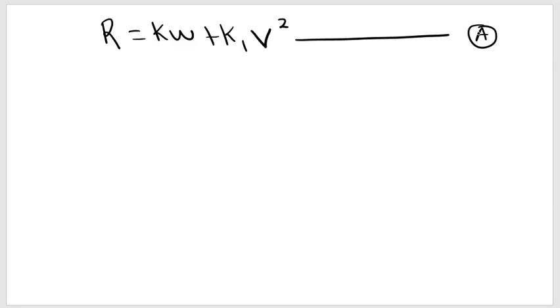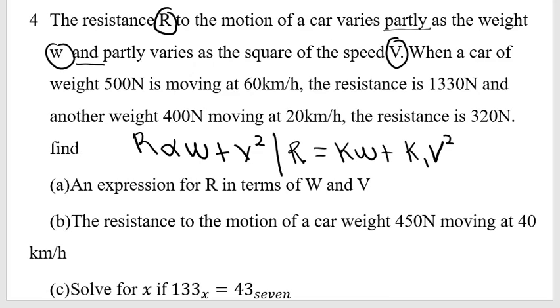Now how do we get the value for these constants of proportionality, that is the K and then the K1? If we go back to the question, it says that when a car of weight 500, so in this case our W is 500, moving at 60 kilometers per hour, so our V has also been given.